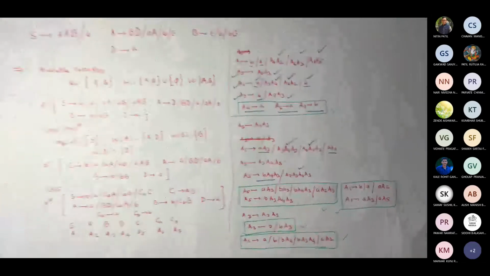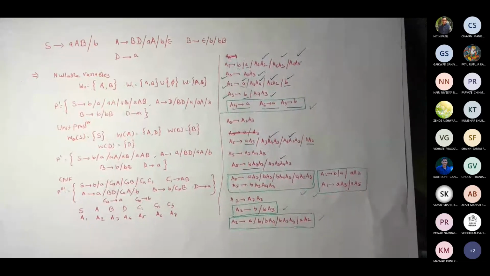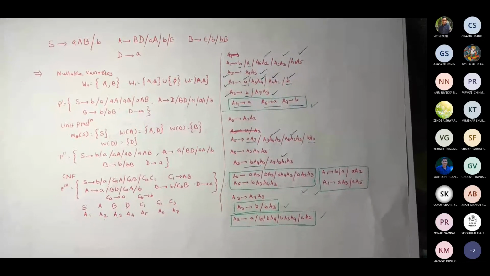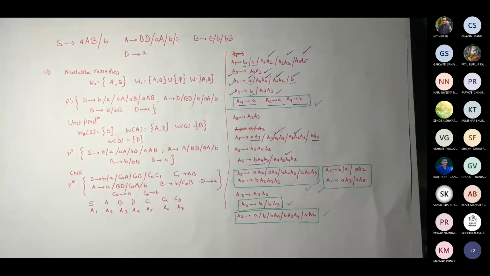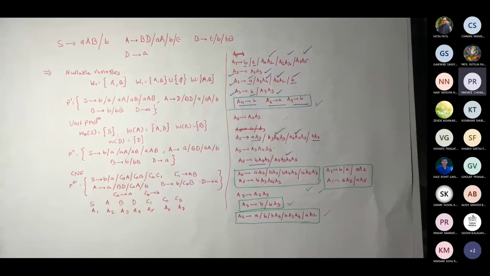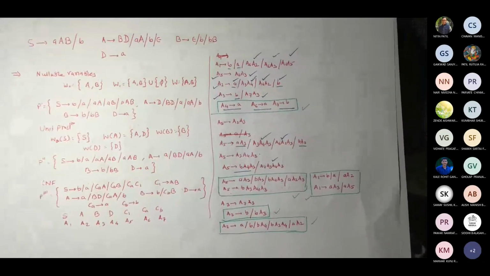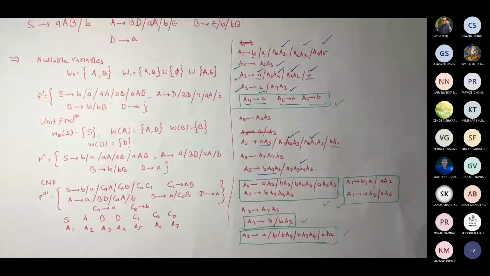So let's see if we can take it together as a screenshot. So Chinmay, now it would be easy for you to take a complete screenshot. Yes, taken, sir. I'll upload. Yeah, thank you. So this is how you can come up with a GNF.